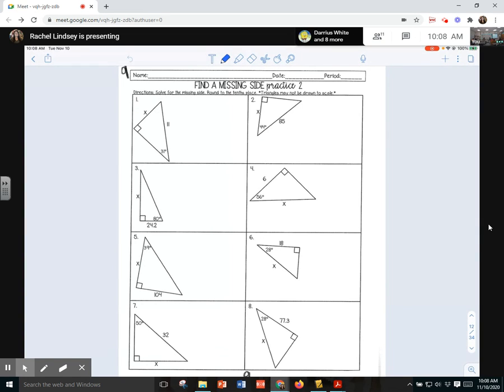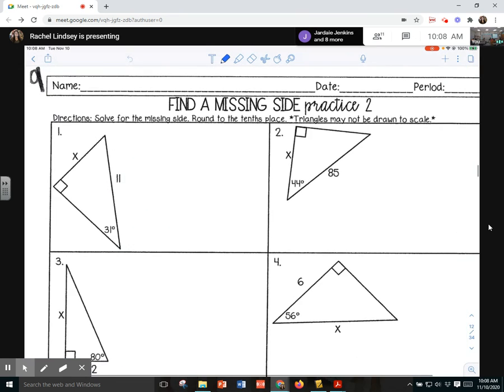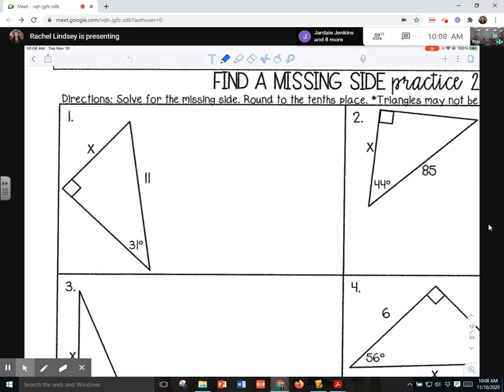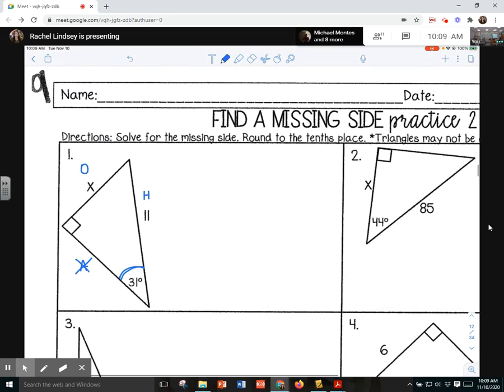So first thing you have to do is identify the angle you're looking at and then identify or label the sides. So if I'm looking at angle 31, x would be opposite, 11 would be hypotenuse, the blank side would be adjacent, but we don't need that one because it's blank. So if I have O and H out of my three trig ratios, which are SOH, CAH, and TOA, the only one with O and H is sine, so I'd use that.